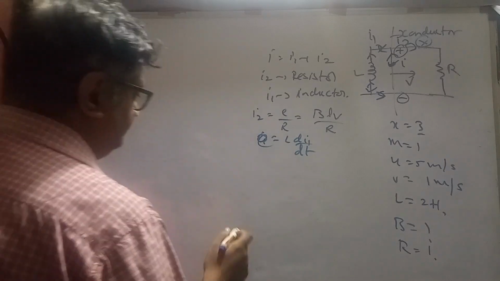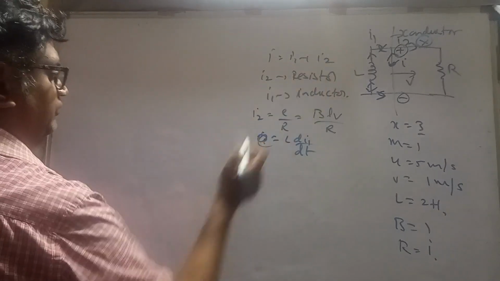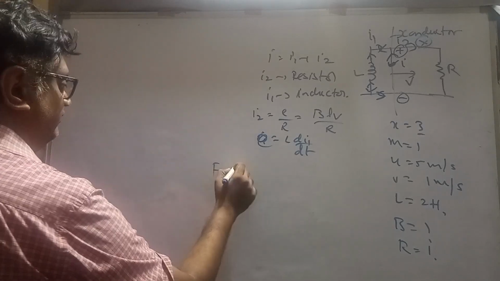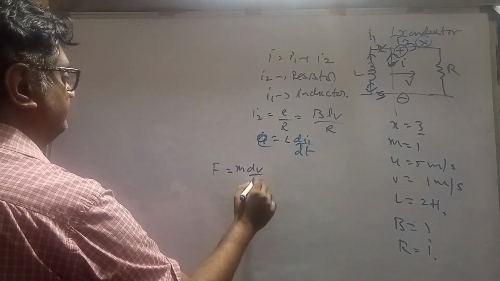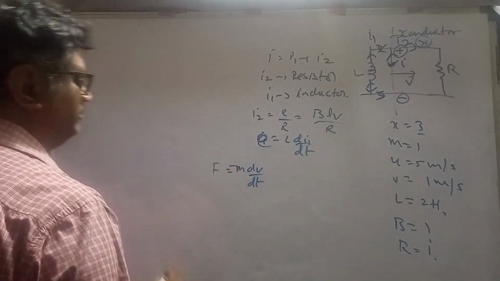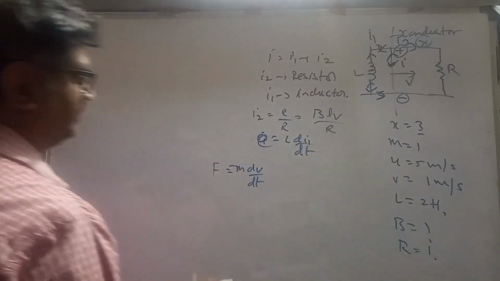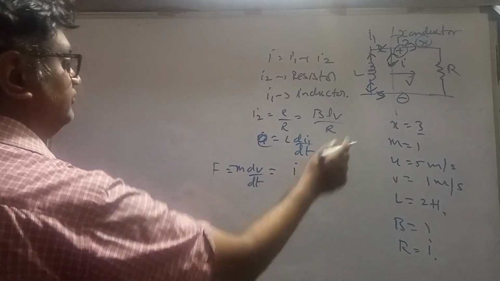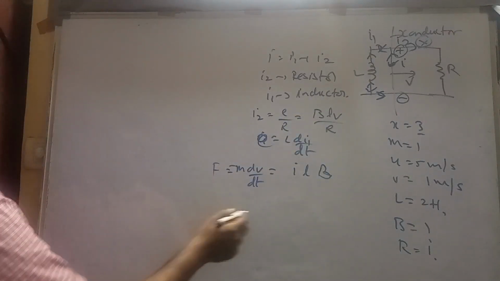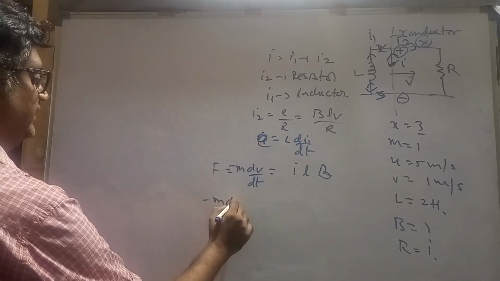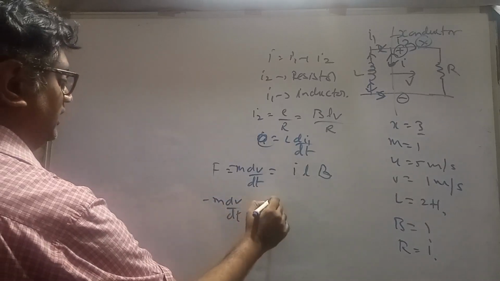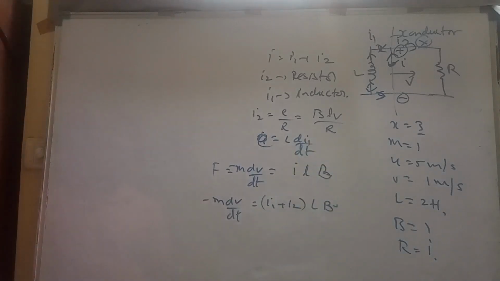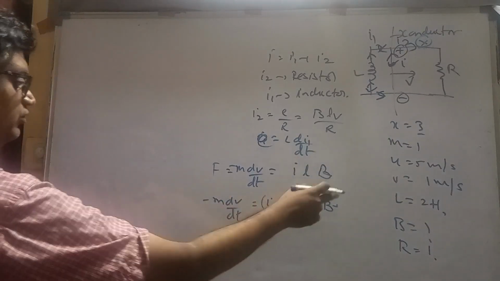So we'll do one thing. The force that is acting on the conductor will be F is equal to m dv by dt. Of course it is a reducing one because the speed is reducing, is equal to ILB, that is the force on the conductor. So if you further expand, m dv by dt is equal to I1 plus I2 into L into B. Let us take dt to the other side.